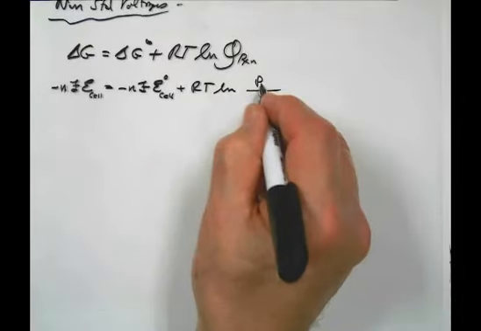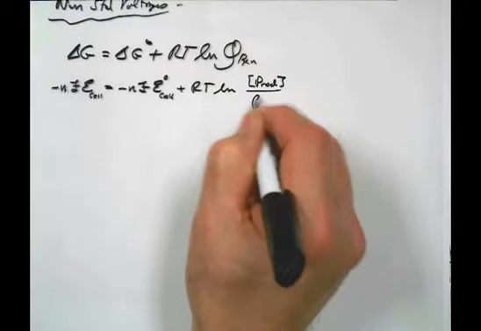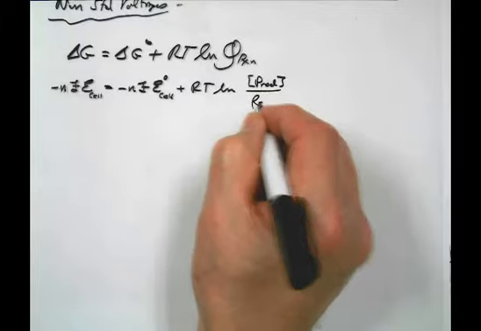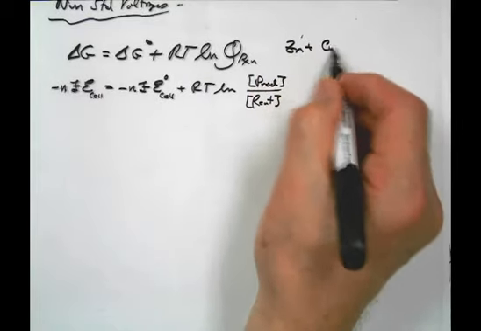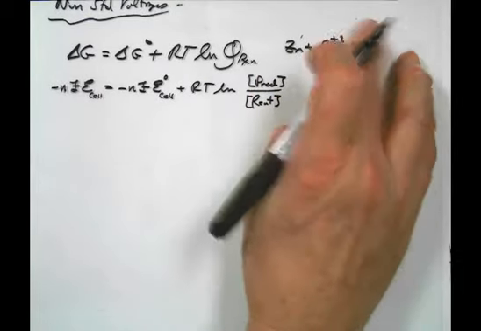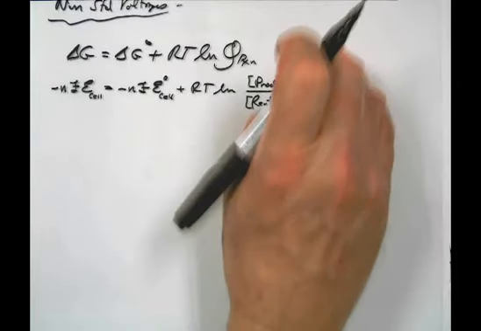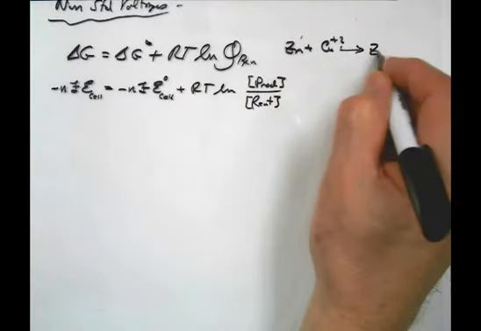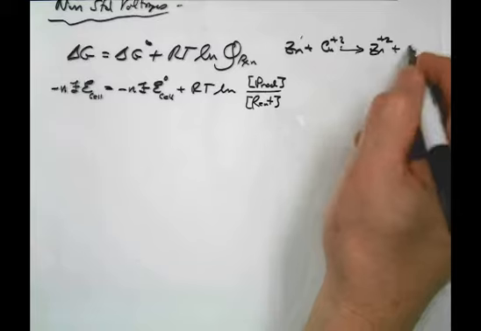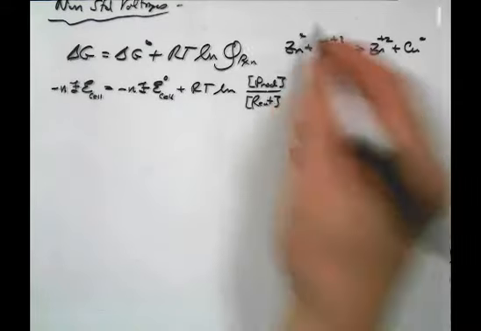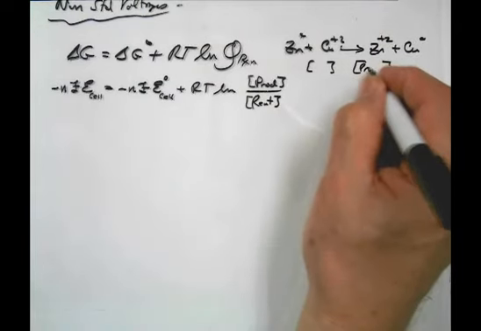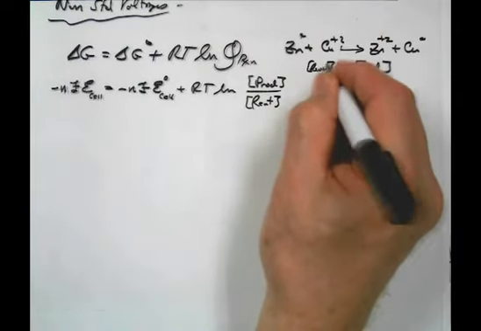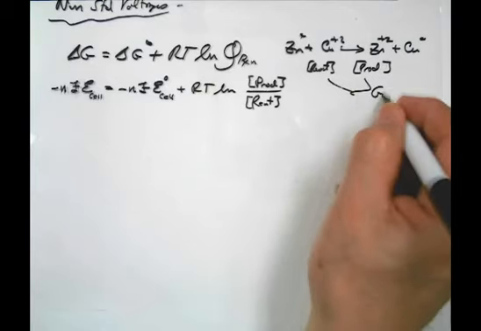Product concentration over reactant. Products over reactants concentration. If we were working with the zinc plus copper, it's not at standard conditions, going one way only, left to right. Zinc 2+ plus your copper. You would have certain concentrations here, products over reactants, and these would be given in the problem.